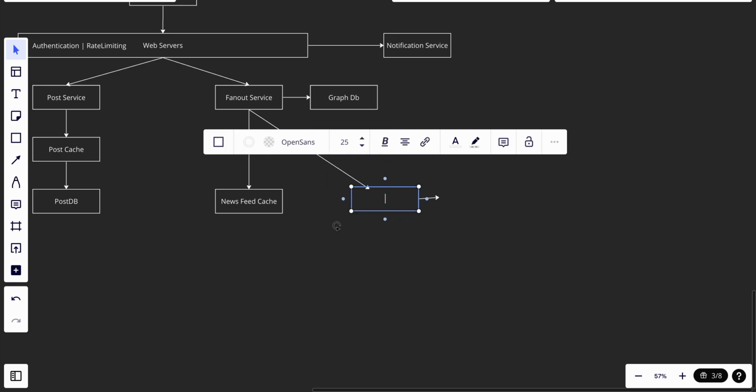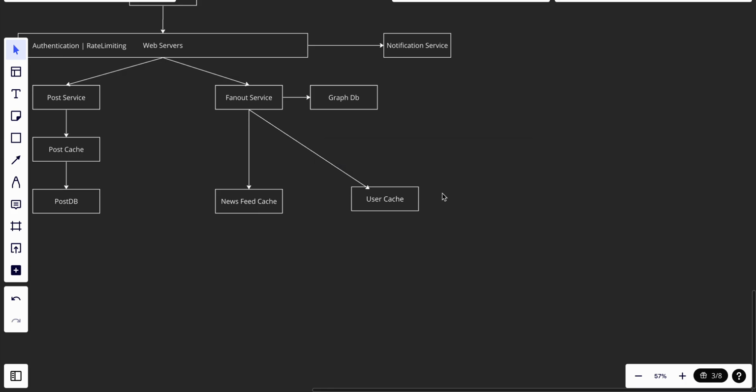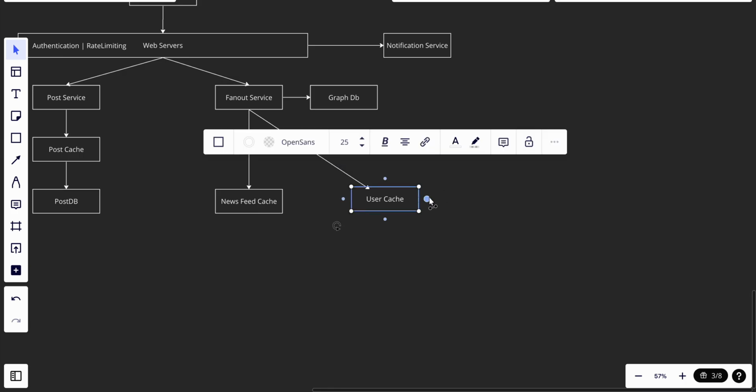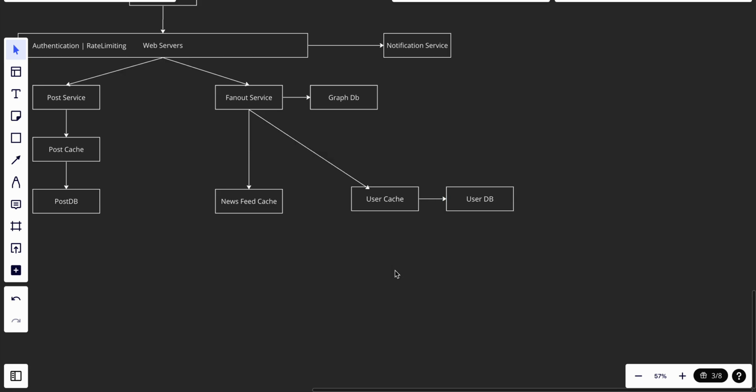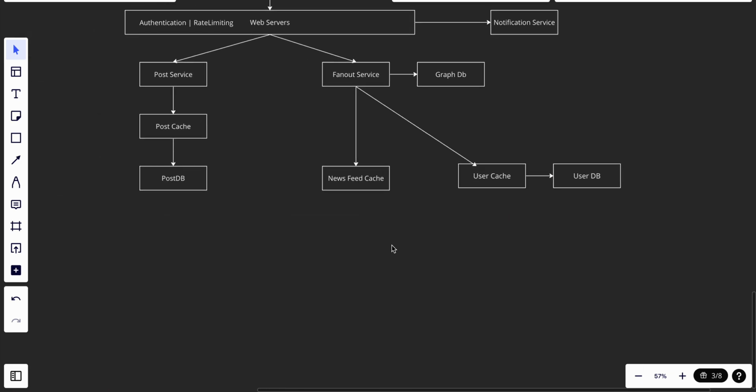user cache, and we have user DB. And I guess the newsfeed cache, we delete this one.